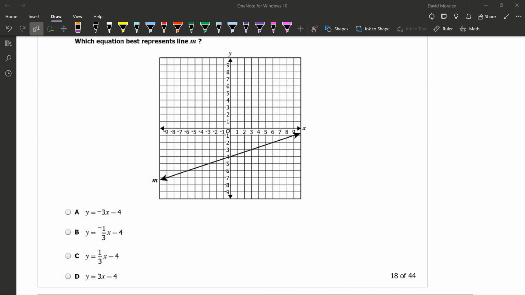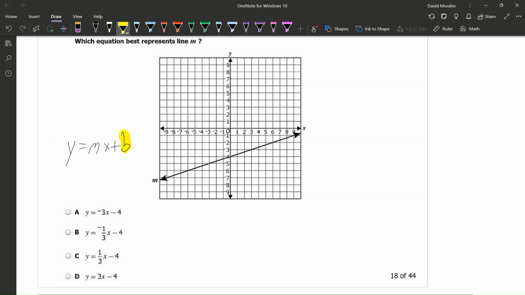Okay, so in this question, we're looking for an equation. It says which equation best represents line M. So keep in mind that the slope form is y equals mx plus b, and the number that sits in the b spot is your y-intercept.